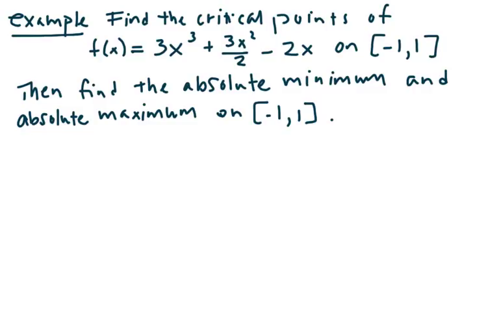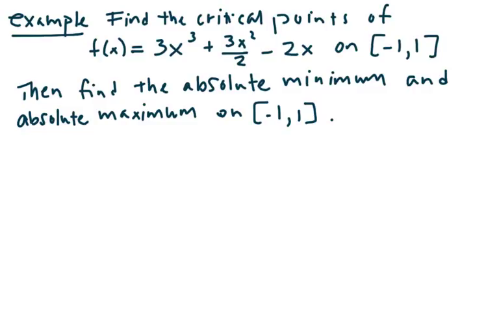So, is this function continuous? Yes, it's a polynomial. Polynomials are continuous everywhere. So this f of x is continuous on the closed interval -1 to 1. So we are guaranteed by the extreme value theorem that an absolute min and an absolute max exist.